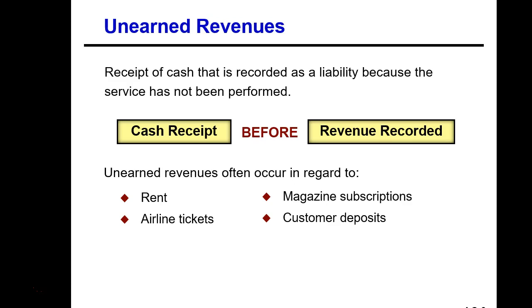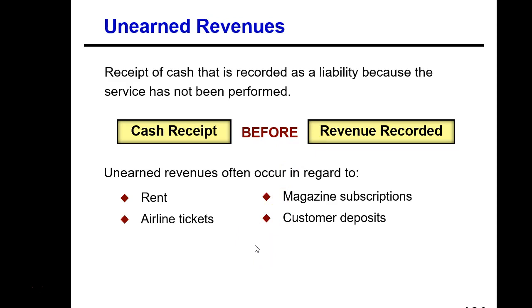Or maybe you are season ticket holders for your favorite sports team, and you bought that season ticket in advance for that particular sports organization. That is known as unearned revenue, which means that cash has been received before the revenue has been recognized or recorded.